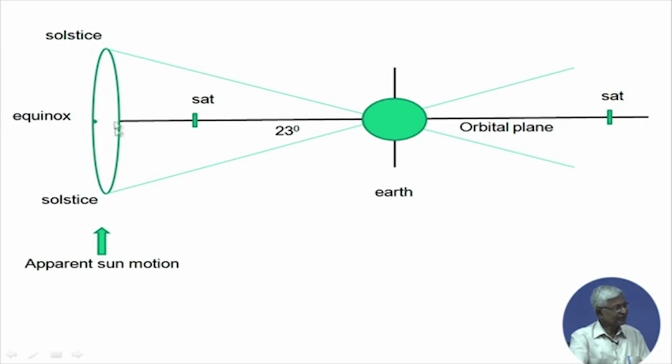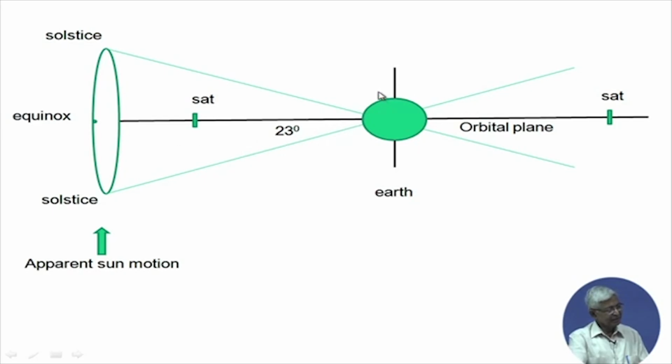So, when it is going to the extreme north it is the summer solstice, when extreme south the winter solstice, and when it is on the equator, in the same plane, it is called equinox. You can see for the northern hemisphere these are the summer period, this is the winter period when the sun goes south.